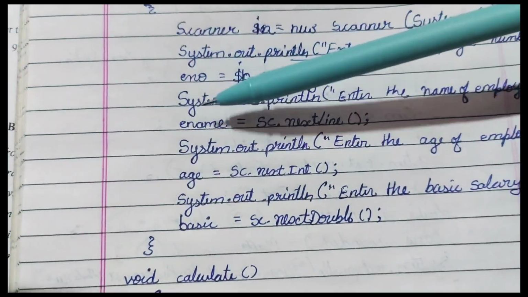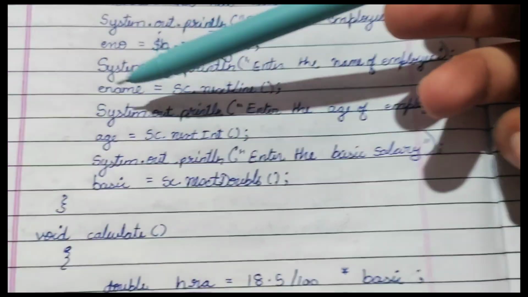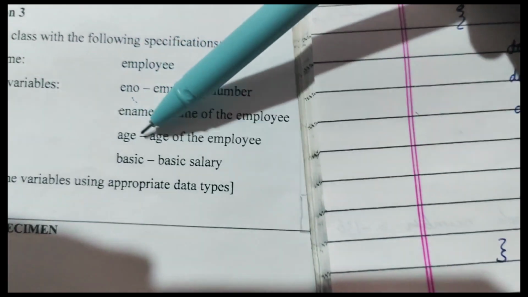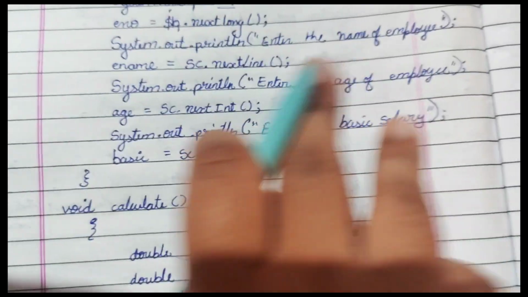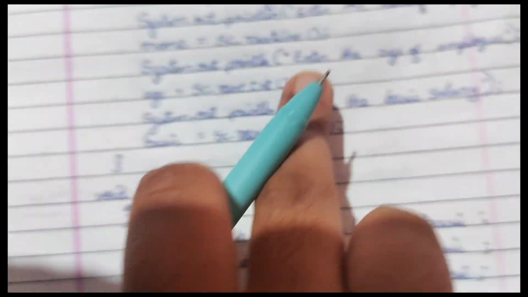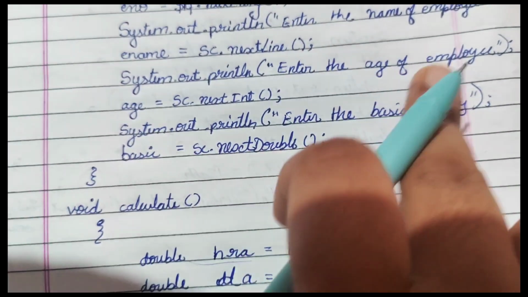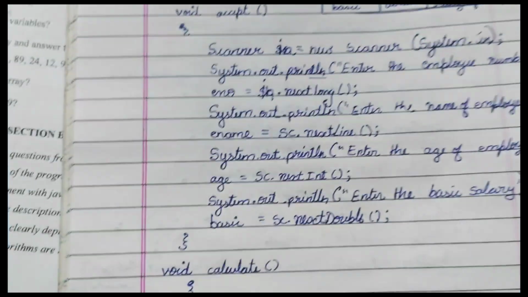The next is System.out.println, name of the employee. So initialize name of the employee the same as in the question. This is very easy. Then in.nextLine, then age of the employee. We are initializing age of the employee, and the same pattern follows to basic. So till basic we have finished the second part of the program.